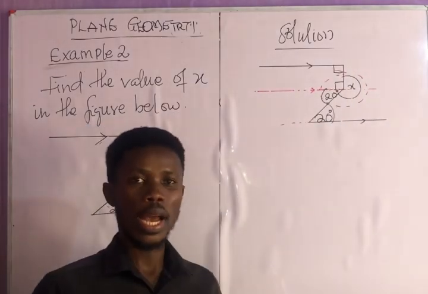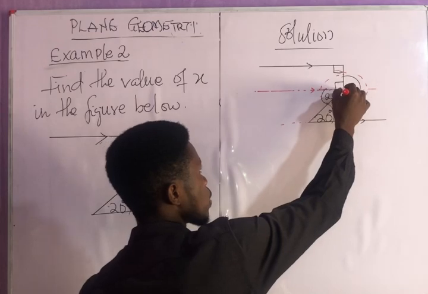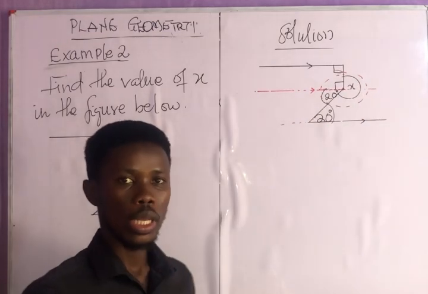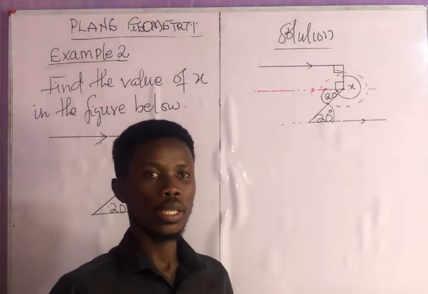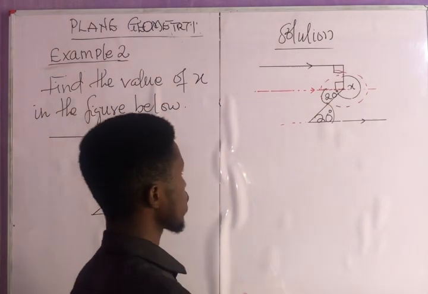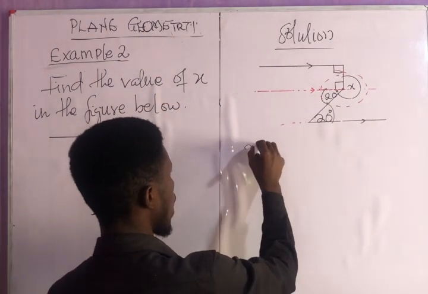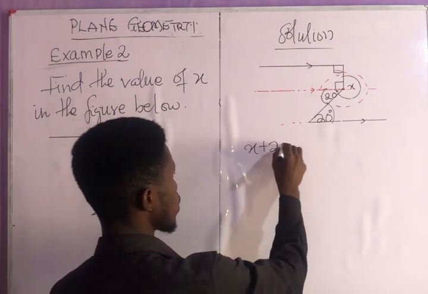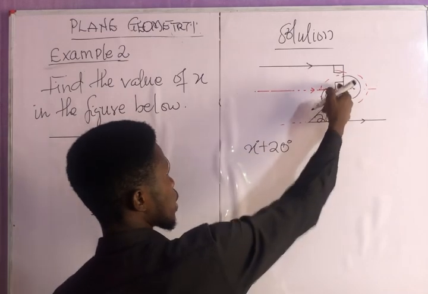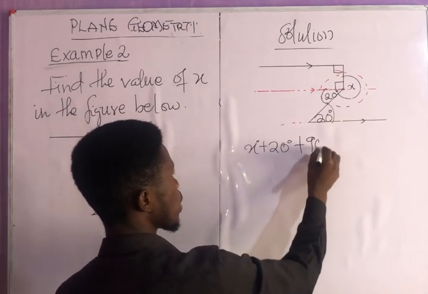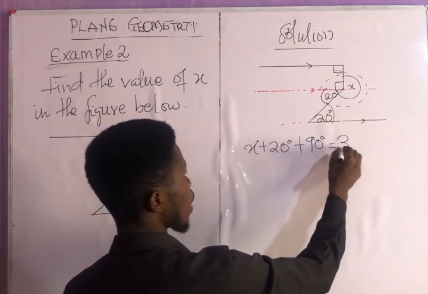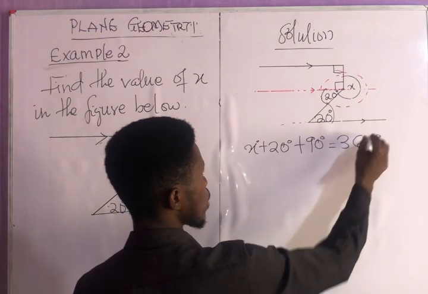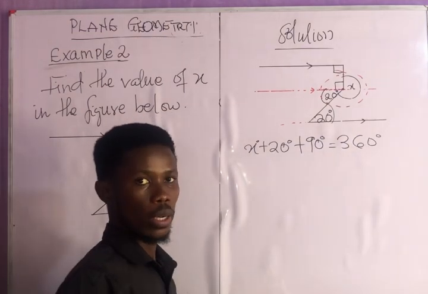And we said that angles at a point sum up to 360 degrees. This tells you that X plus 20 degrees, plus this 90, plus 90 degrees equals 360 degrees. Is that okay?